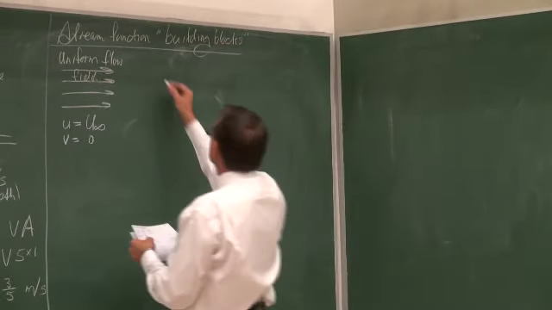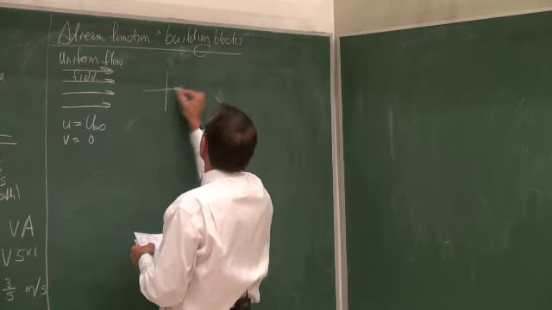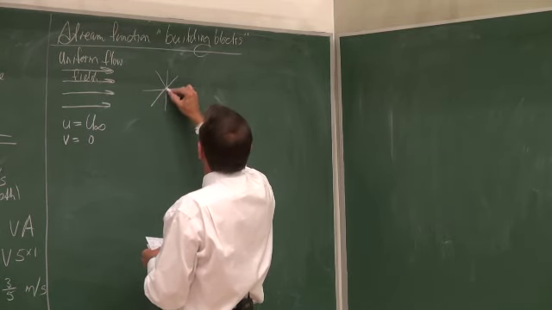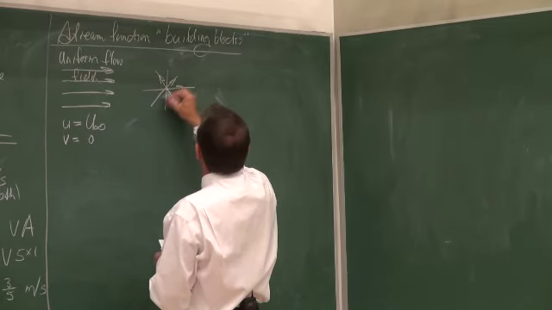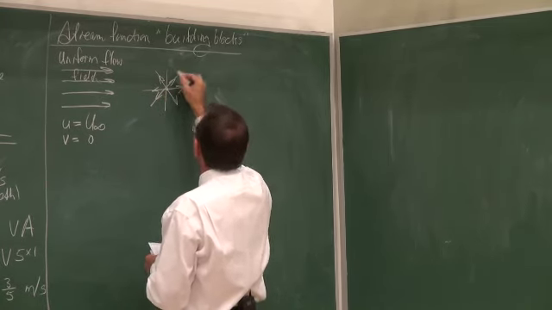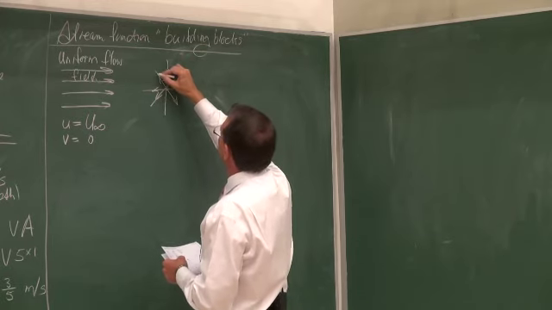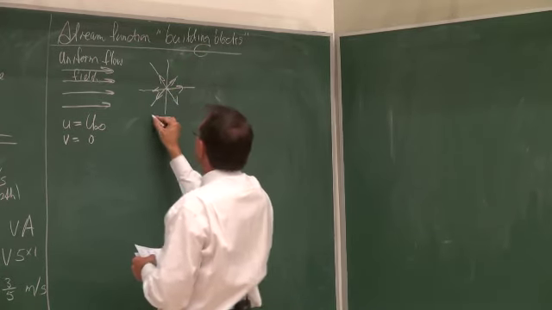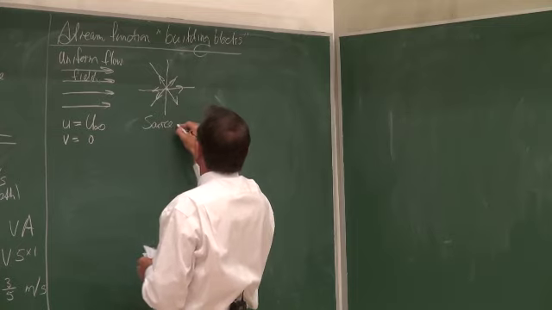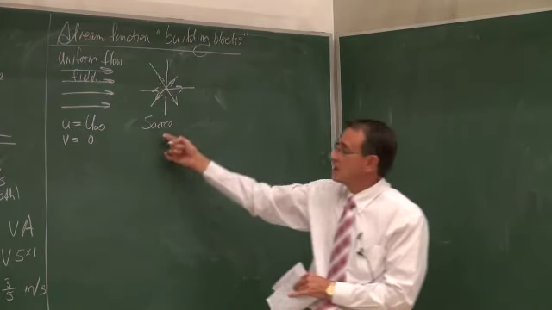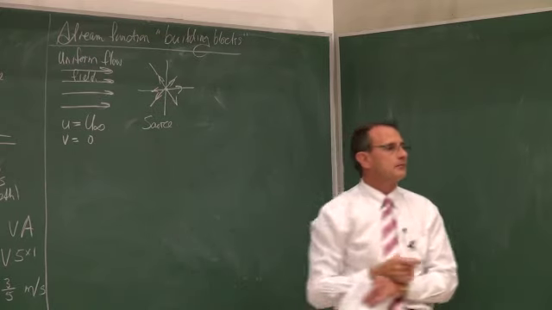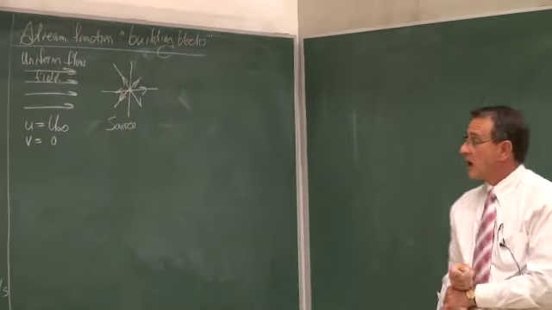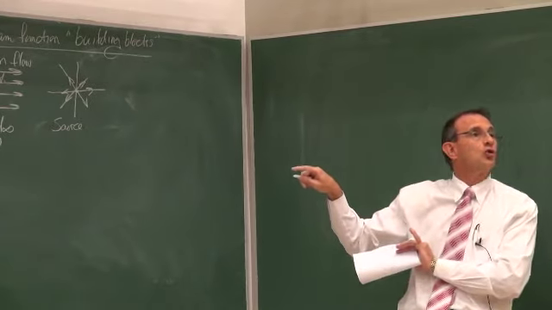The second type is what is called a source. A source is where the flow from a specific point flows in a radial direction like that. That has been called a source. And again, for the source, the U component and the V component can be written. And the opposite to the source is called a sink.